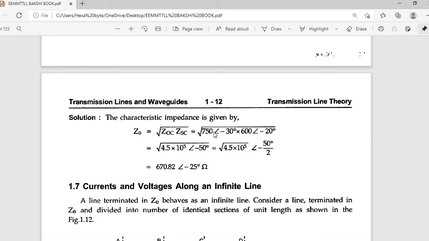So that is 750 at an angle of minus 30 degrees into 600 at an angle of minus 20 degrees. You have to multiply 750 into 600, and the angles theta 1 and theta 2 are added: minus 30 plus minus 20 is minus 50 degrees. So finally you get the resultant answer 670.82 at an angle of minus 25 degrees.